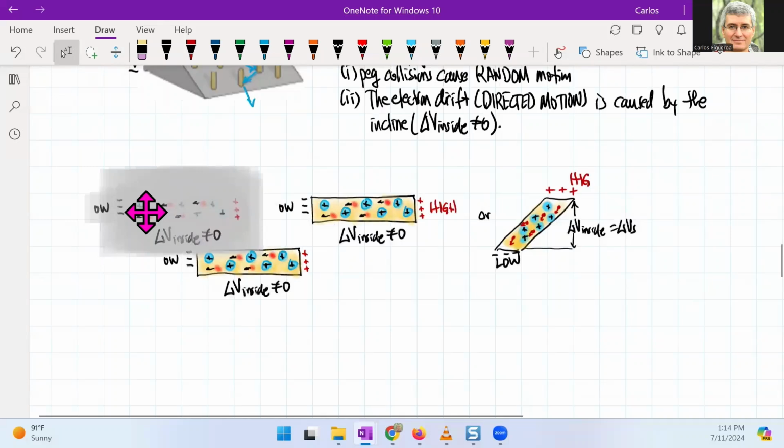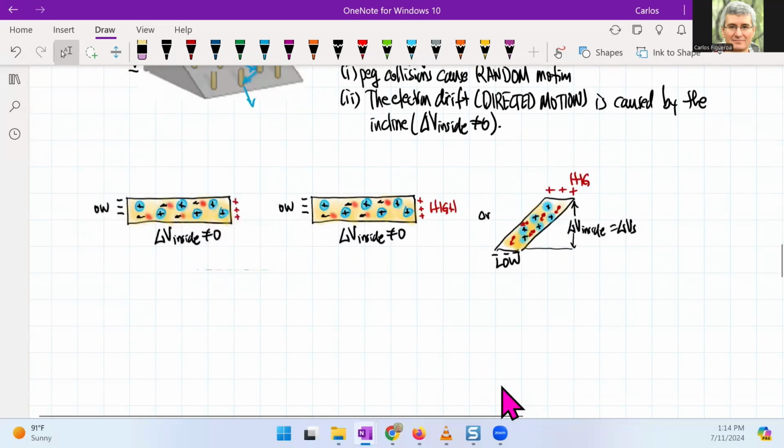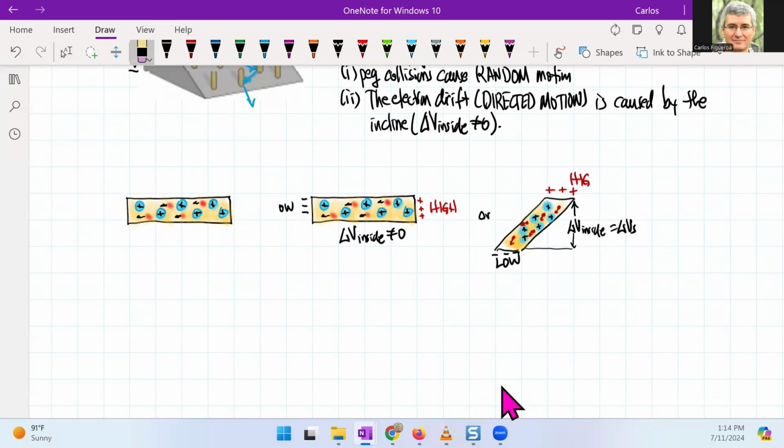So what I'm seeing here is that in this case, I'm going to say that this is randomized motion. So I need to come in here and get rid of these guys right in here. So there is motion, but we'll talk about this in a moment. But there's no directed motion. So right in here, I'm going to say that we have random motion. And as we said before, random motion deals with collisions.